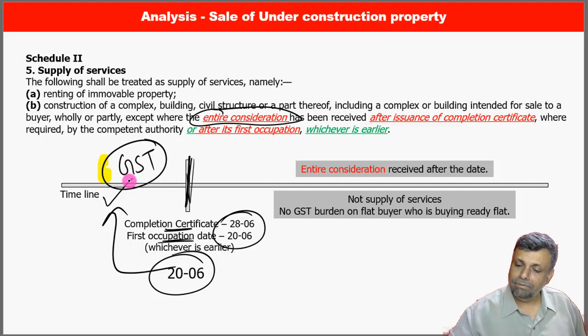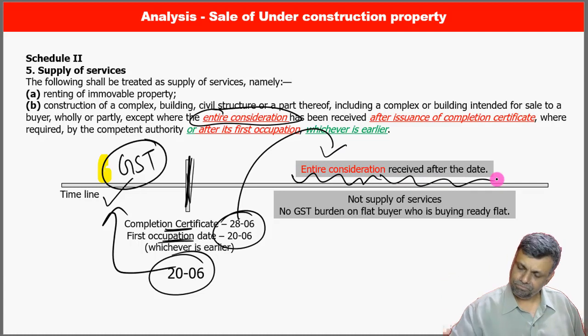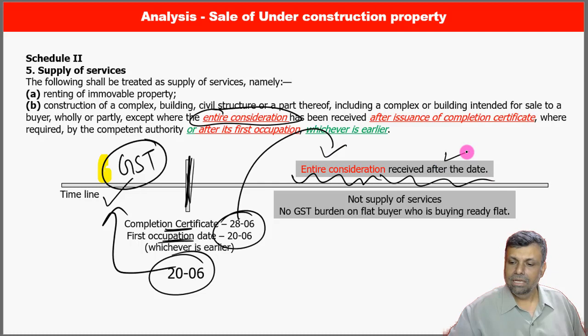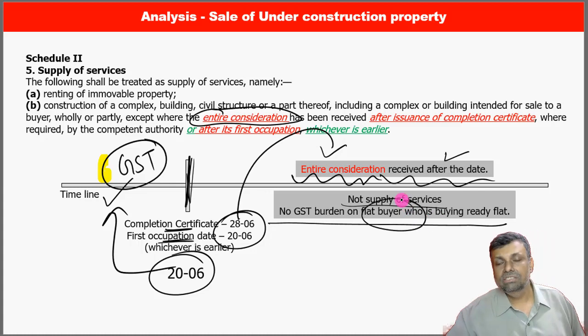But if I buy a flat where the entire consideration is received by the developer or builder, also sometimes called a promoter under RERA, because there is a RERA law nowadays, after the date, in that case there will be no supply of services and there will be no GST burden on the flat buyer. That means the GST burden will be there only if it is an under construction property, and if a ready flat has been transacted, then there is no GST burden on the flat buyer.